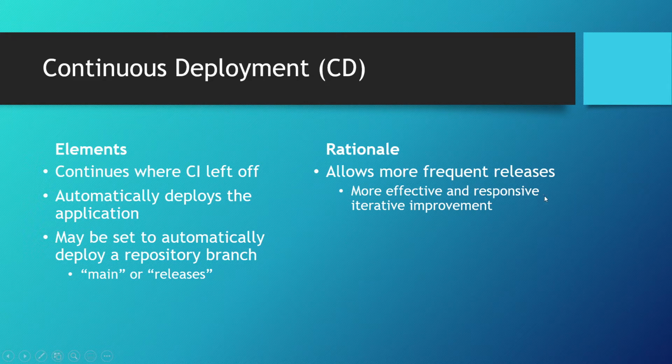The rationale for using this type of strategy is that it allows more frequent releases, which in turn allows more effective and responsive iterative improvement by agile teams, by allowing stakeholders to give input more frequently.